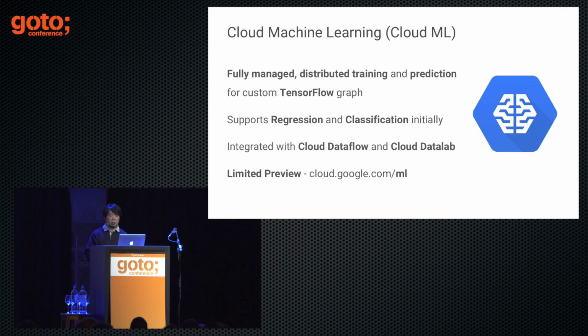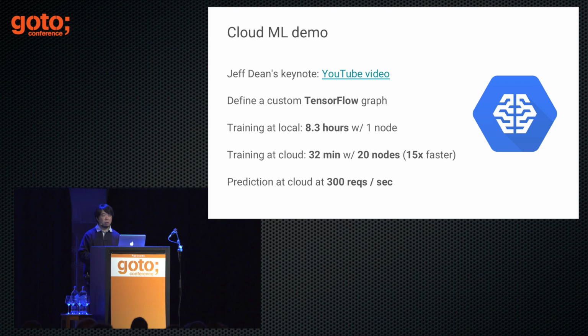But we suppose that full availability, like a public beta, will come sometime later this year. If you go to YouTube, you can take a look at the actual demonstration of Cloud ML by Jeff Dean, where he demonstrated an actual TensorFlow-based neural network that takes 8 hours with a single node.